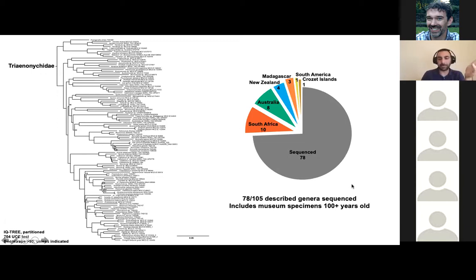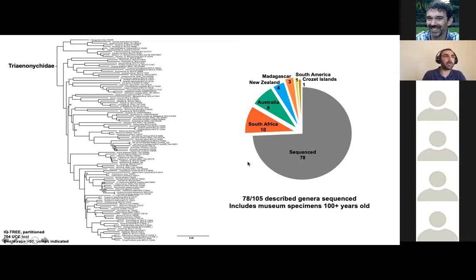Most of these missing genera are monotypic genera that are described or diagnosed based on highly variable characters, so we're not too worried about missing them. If we needed to, we could place most of those missing genera into this phylogeny purely based on morphology. So we have a fairly complete taxon sample.